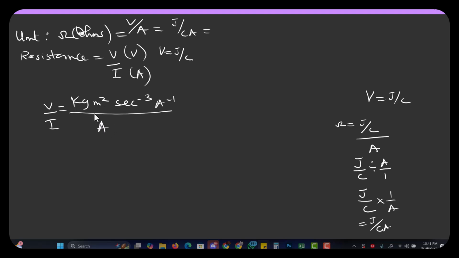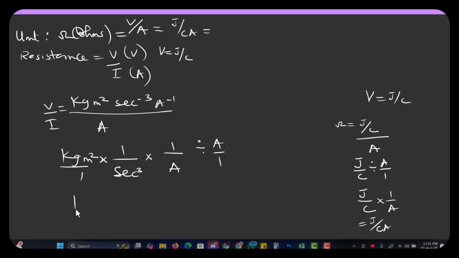If you solve this properly, I'm going to have kilogram meter squared times 1 over second cubed, times 1 over ampere, because of the division line. Ampere over 1.